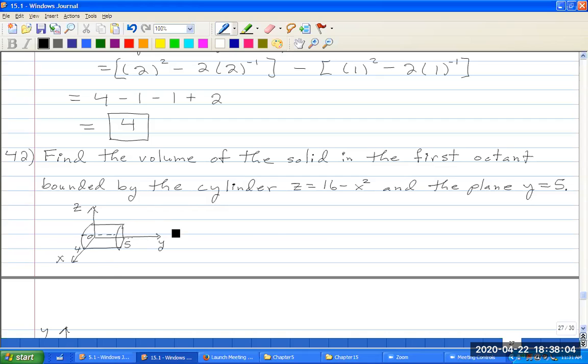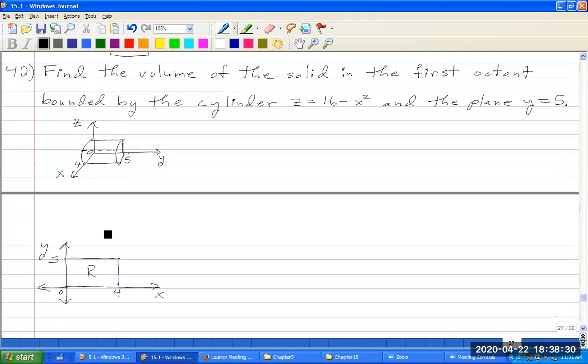Okay, and so it looks something like this. And the plane y equals 5. So it's only in the first octant, that means it's only going to be a quarter of the cylinder. And it starts here in the xz plane, and it ends when y is equal to 5. So it looks something like this.